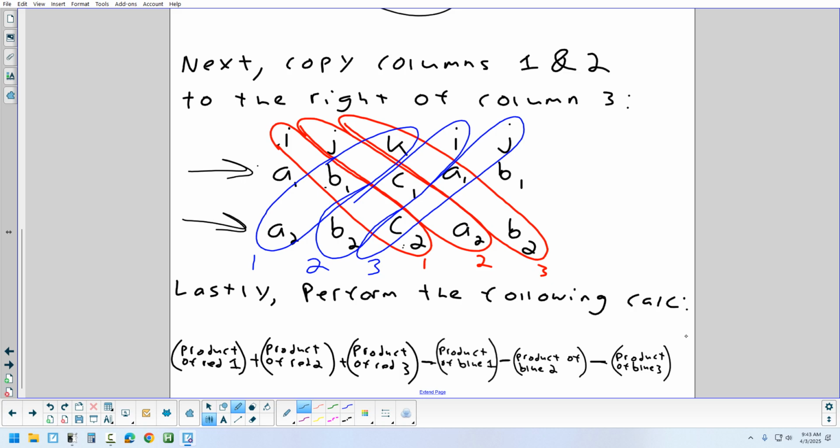Now, could one of these subtractions turn into addition? Yes. If you are subtracting a negative, it would turn into a positive. All right, so we'll see if that happens. So you multiply everything that goes down and to the right, and you subtract everything that goes down and to the left.